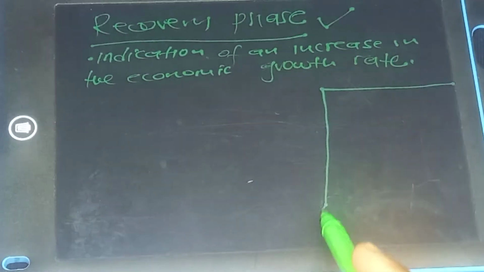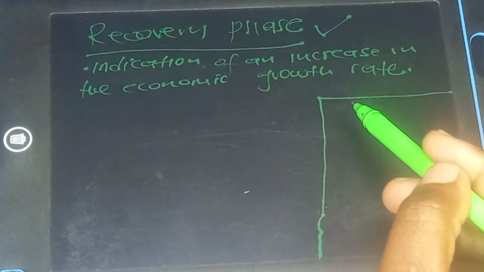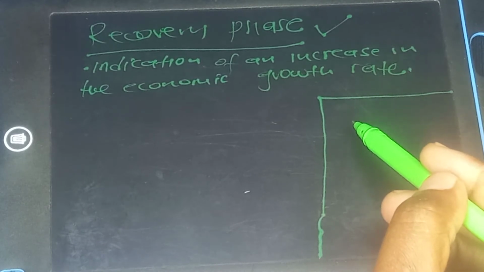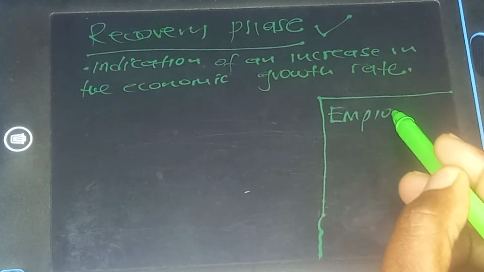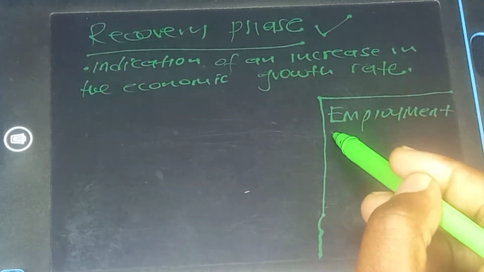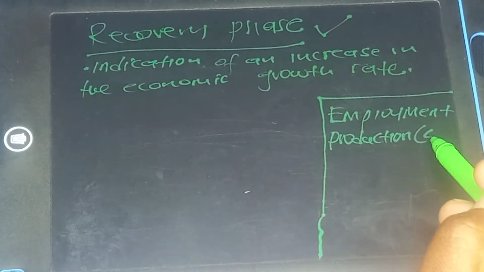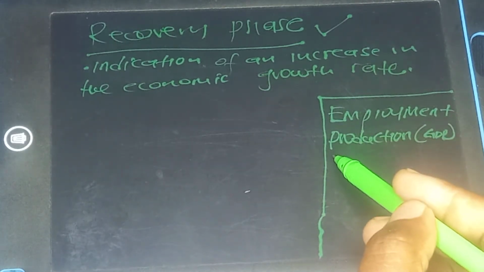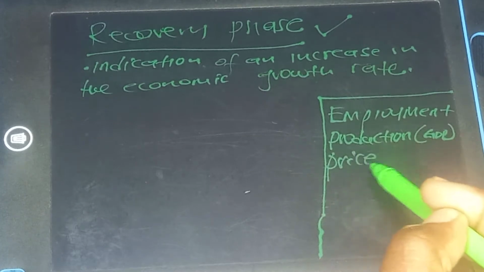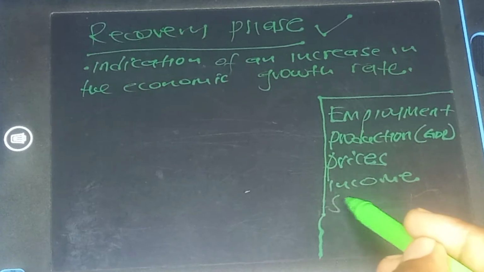Now, I'm going to keep on writing this box to remind you that we have certain economic activities that we have to include in each phase. We have employment, we have production or GDP, we have prices, income, and spending.